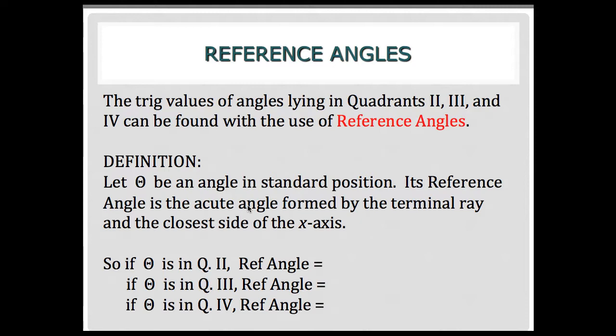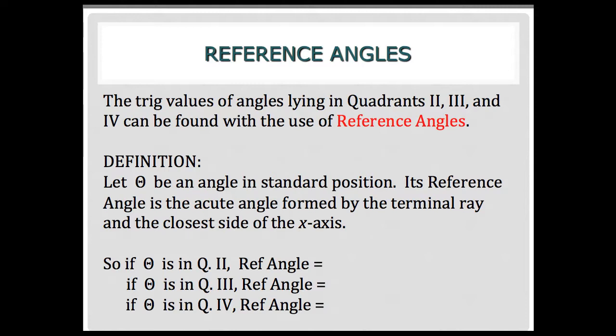By definition, for an angle theta in standard position, remember, standard position means that its vertex is at the origin on the x and y plane, the reference angle is the acute angle formed by the terminal ray and the closest side of the x-axis.